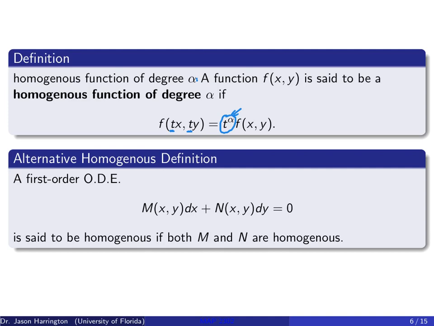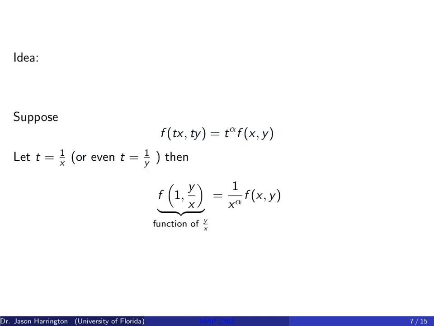It can also be irrational, or even e to the pi, for example. That's a little bizarre, but that is possible. So a first order ODE we can recognize is homogeneous if both of these are homogeneous in the same way.